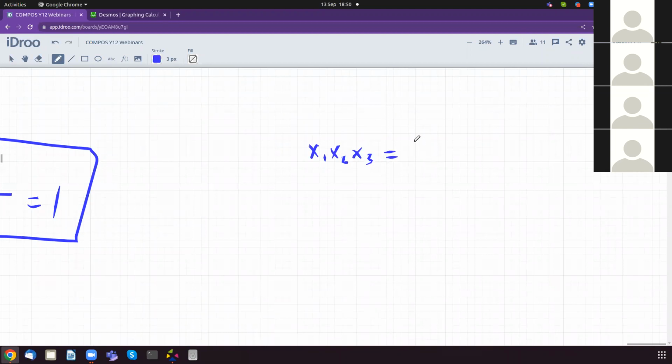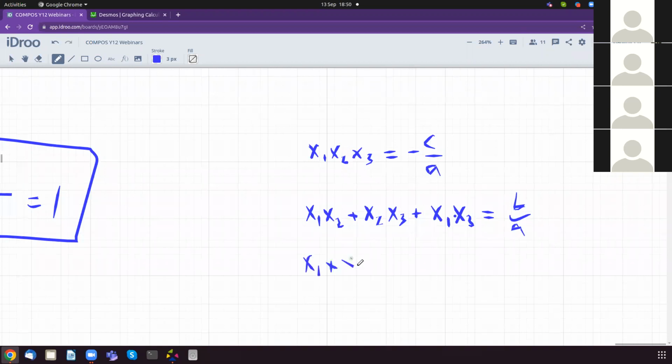And I think this one is minus c over a, x1 x2 plus x2 x3 plus x1 x3. And this would be something like b over a. I might be mistaken with the signs, but there is also x1 plus x2 plus x3, which is another thing, probably.